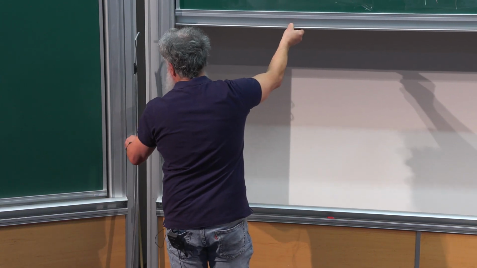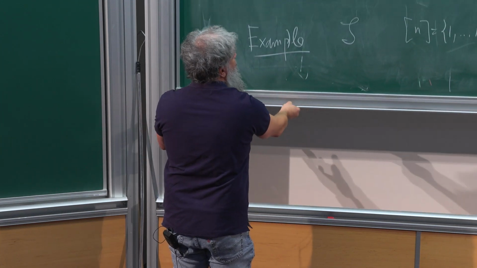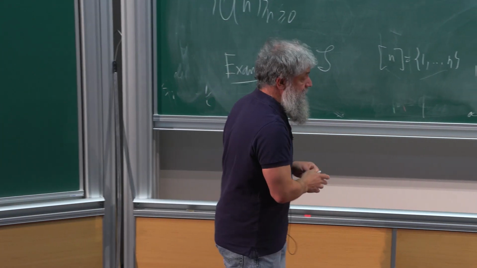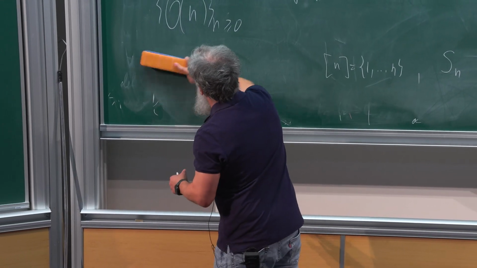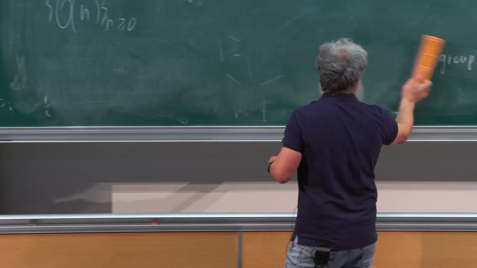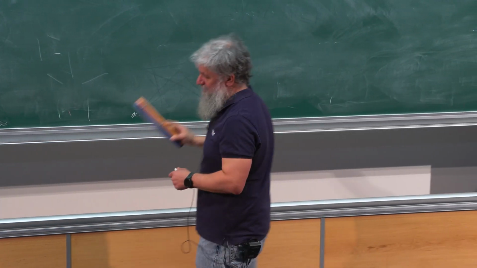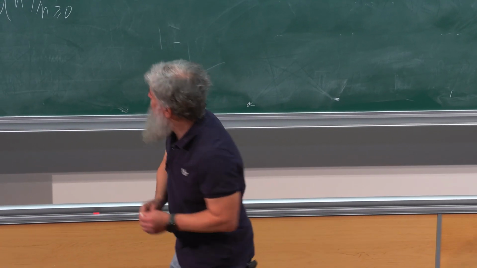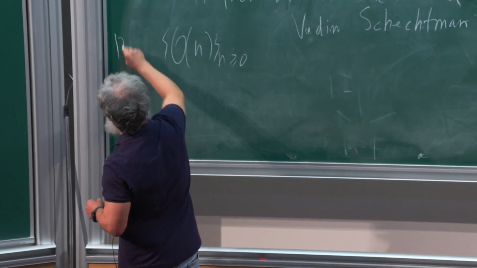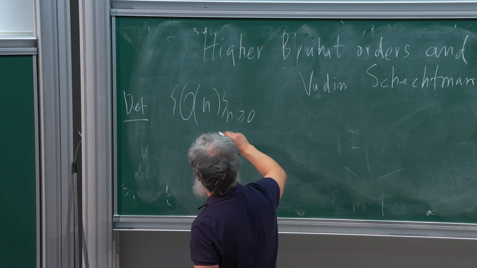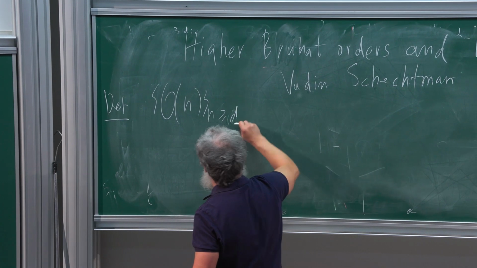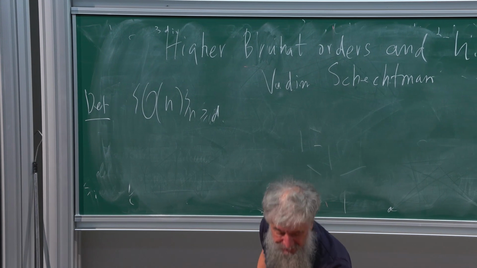And then it's clear how it's defined for any d. So we define: definition. We have some monoidal category with n more or equal to d.